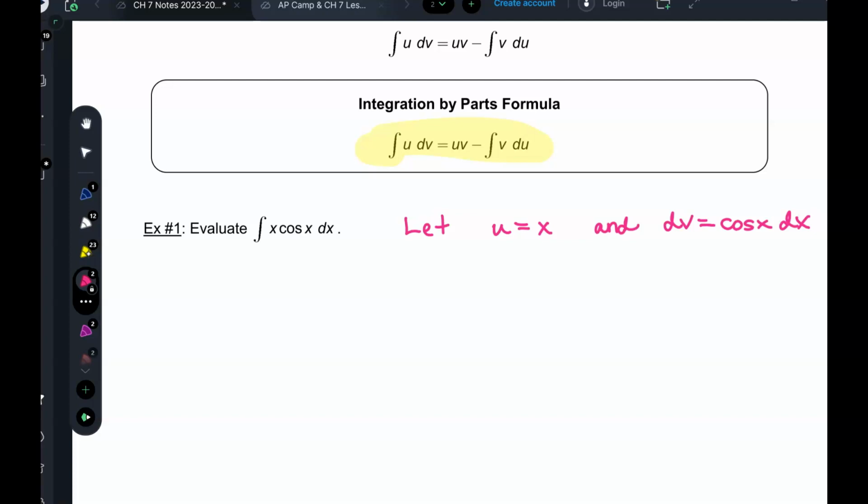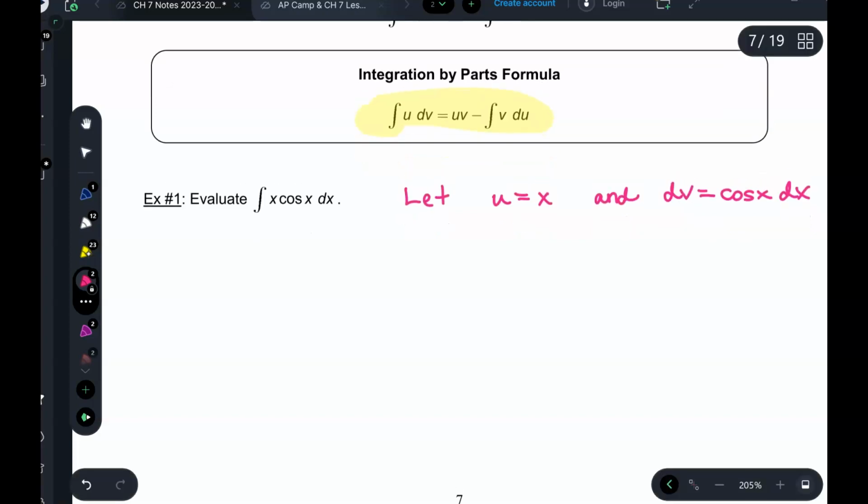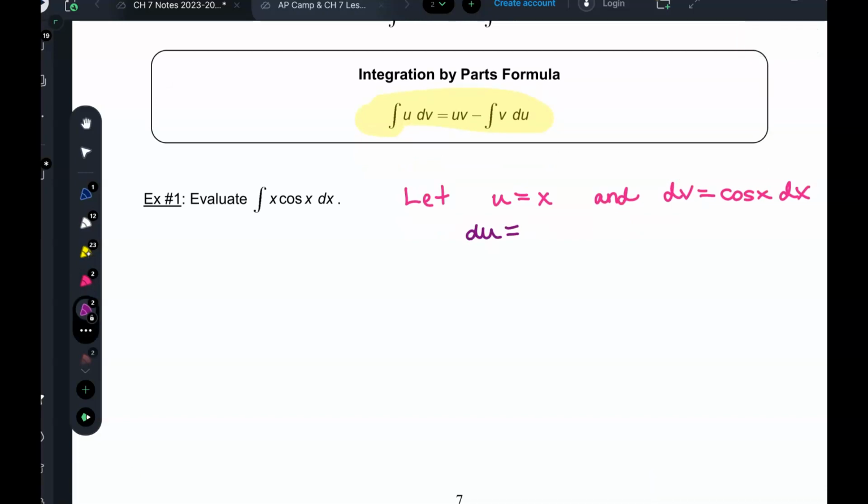All right, so we're letting u equal x, and this whole part is going to be our dv. Good? Okay. So, what's du? 1 dx. And working backwards here, dv is equal to cosine x dx.